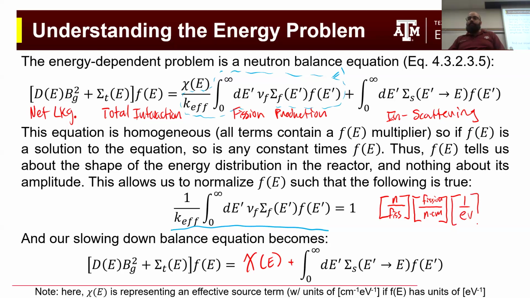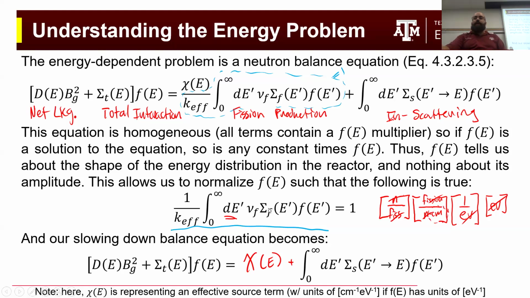So it's going to have units of 1 over eV, but also dE is a little bit of energy, so it also has units of eV. So if I cancel out the terms that I have, the neutrons cancel, the fissions cancel, and the eVs cancel. So overall, this quantity actually has units of inverse centimeters.